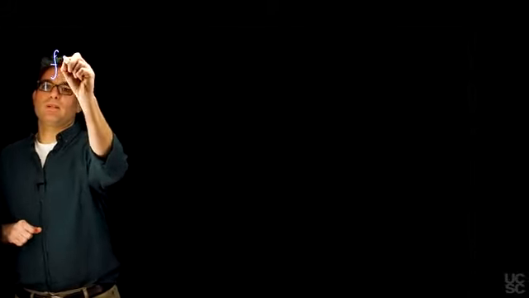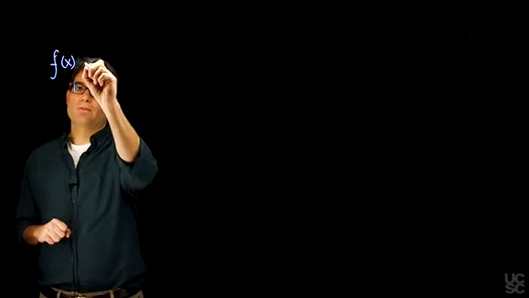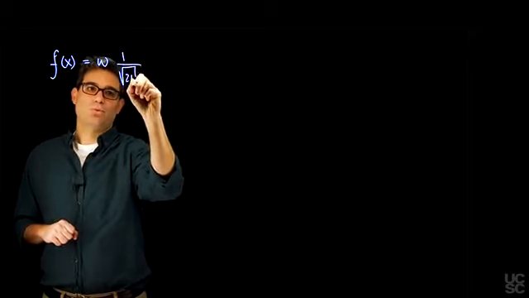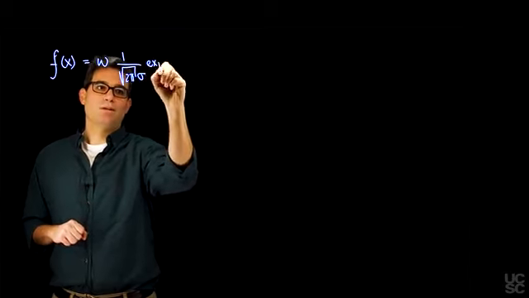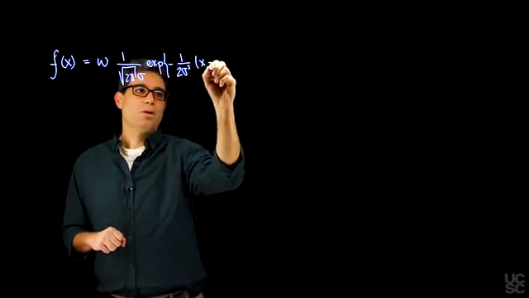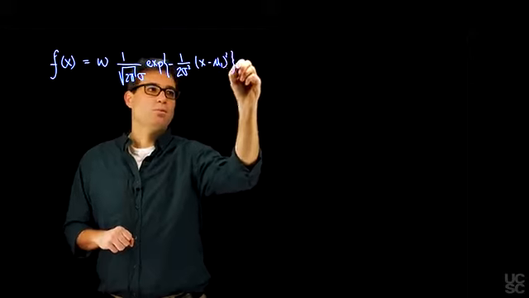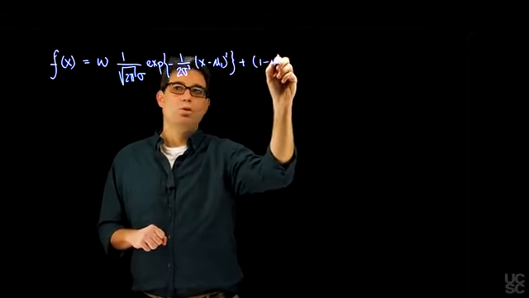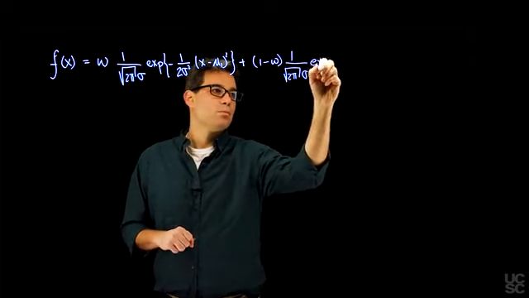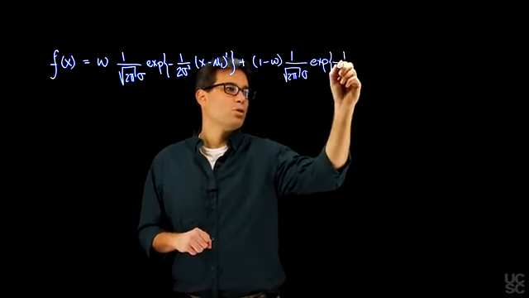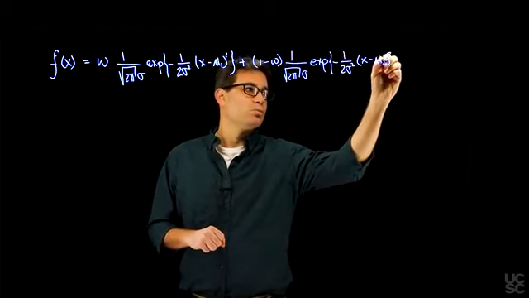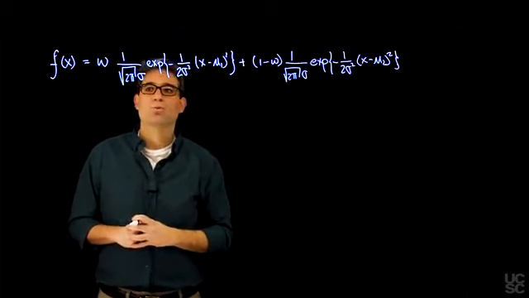The density of the mixture model that we're going to try to fit is going to take the form omega times 1 over the square root of 2 pi sigma exp of minus 1 over 2 sigma squared (x minus mu1) squared, plus 1 minus omega times 1 over the square root of 2 pi sigma exp of minus 1 over 2 sigma squared (x minus mu2) squared. And this is a mixture of two normals.